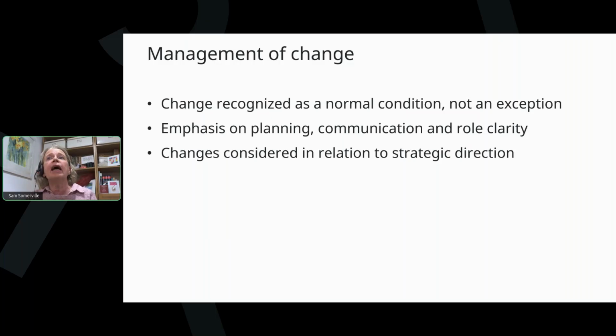Change is recognised now, as we've said, as a normal condition for most organisations, and this revision places much greater emphasis on planning, communication and role clarity when changes affect the quality management system. And the aim is to reduce those unintended consequences and maintain confidence that intended results can still be achieved. And this aligns directly with clause 6.3 on planning of changes.